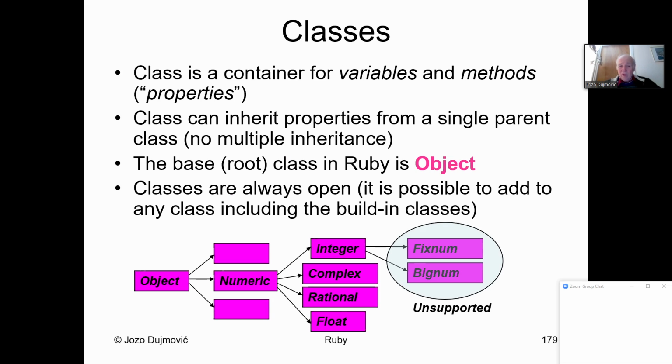So for example, you have that inheritance is based on inheriting numerical classes, and then so numeric class are inheriting from object, and then integer is inheriting from numerical, and complex and rational and float, all of them inherit from numeric.